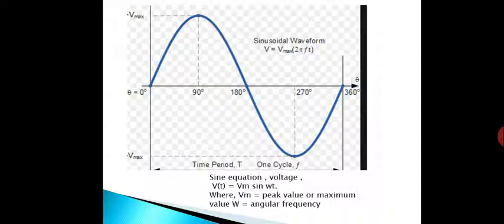So next, I think you know about the fundamental frequency sine equation. Vt is equal to Vm sin omega t, where Vm is the peak or maximum value and omega is the angular frequency. Fine. And we know that Vt is equal to Vm sin(omega t plus theta).